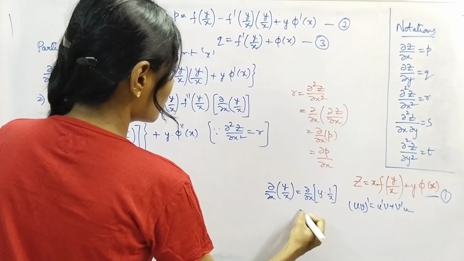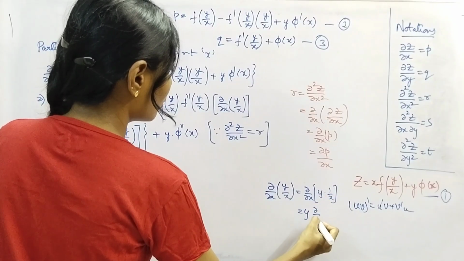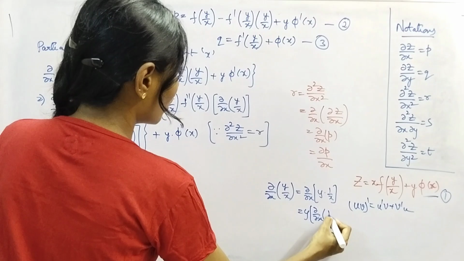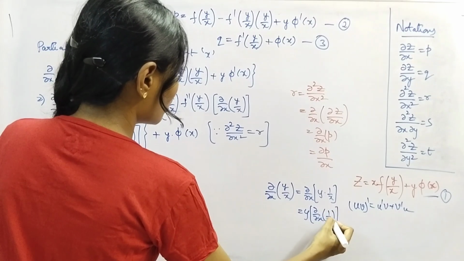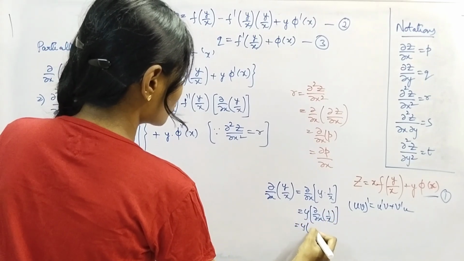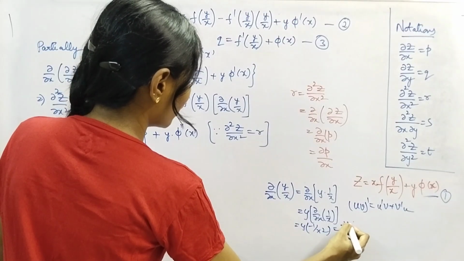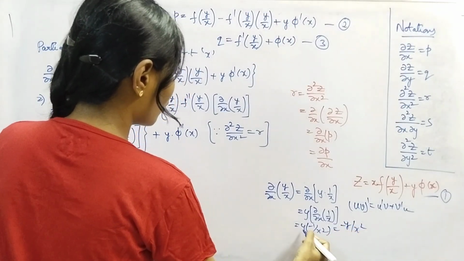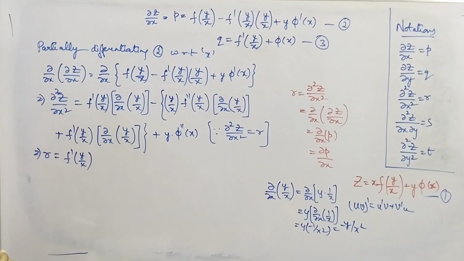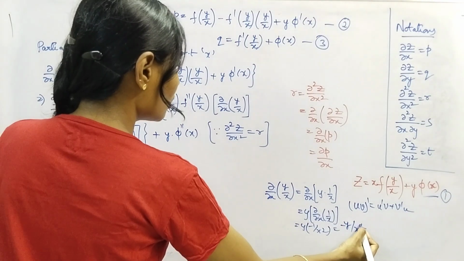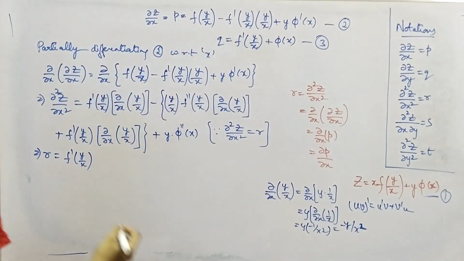Here y is treated as constant, so pull this out, you'll get y into ∂/∂x of 1/x, since the partial derivative of 1/x is minus 1/x². You'll get minus y/x², right?